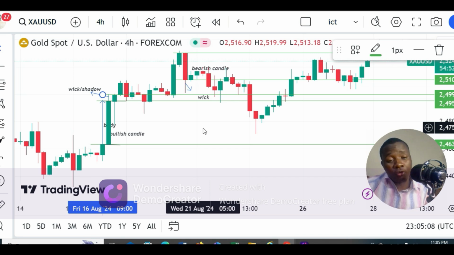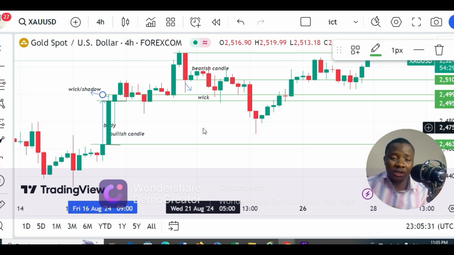And wicks inform you of the volatility of the market during that particular time, the price movement. It moved higher and then came back lower, but the price managed to close above the opening point, meaning that buyers are in control in the market.